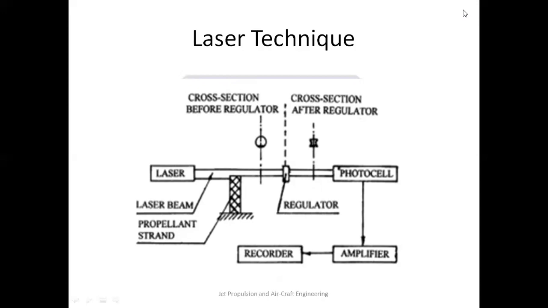You can see the laser light which is falling on the propellant strand. After the combustion of the propellant strands, the laser beam which is falling on the propellant strand goes through the regulator and photocell, where the laser beam is passed to the amplifier, where the beam is amplified, and then it is recorded to calculate the burning rate.